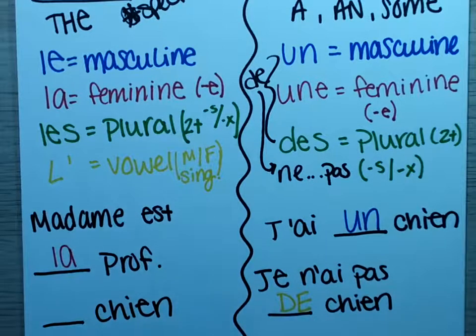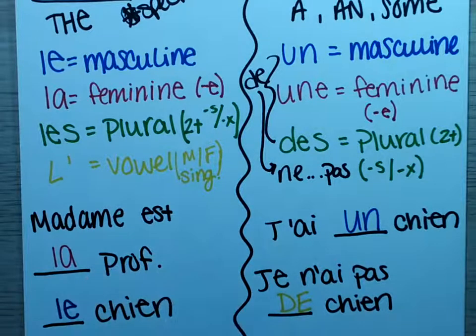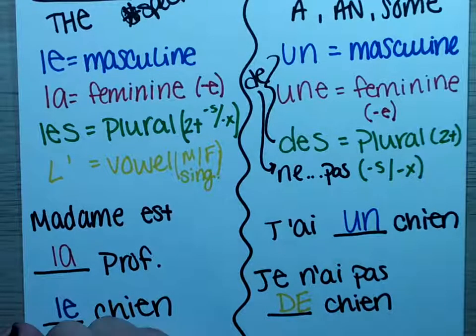All right, next one we're going to say is the dog. The dog. All right, so apply that rule. Look at that word and tell me which definite article we should use. Le, excellent, le chien. All right, and let's do one more. Let's say I love cats. I love cats. So j'adore blank chat.